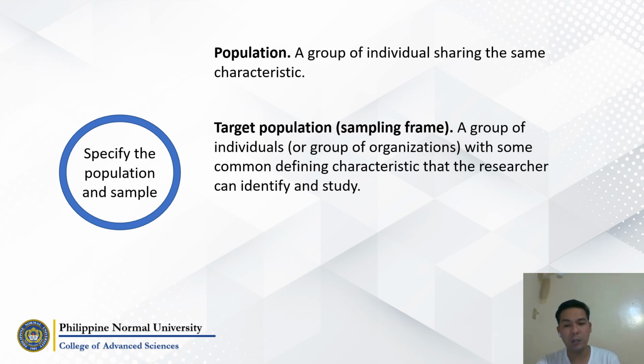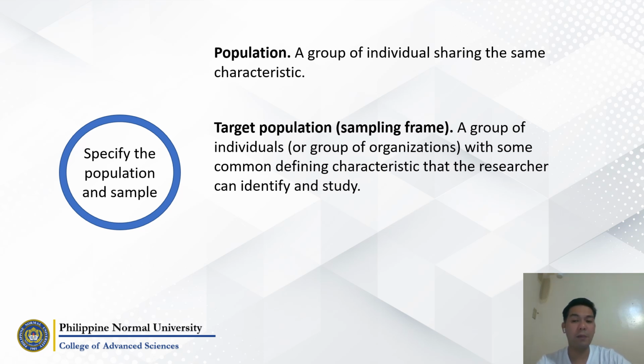So from that population, we are now going to look into our sampling frame or our target population. This is a group of individuals or group of organizations with some common defining characteristics that the researcher can identify and study. As I was saying just a while ago, population refers to the teachers all over the Philippines, for example.